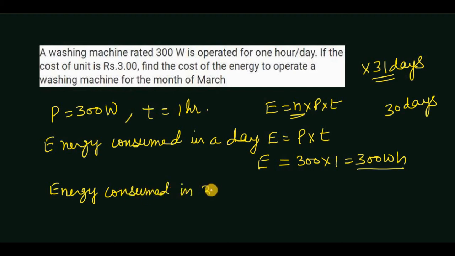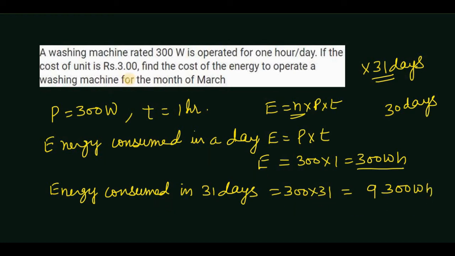In 31 days, so 300 into 31, it will come 9300 watt hour.